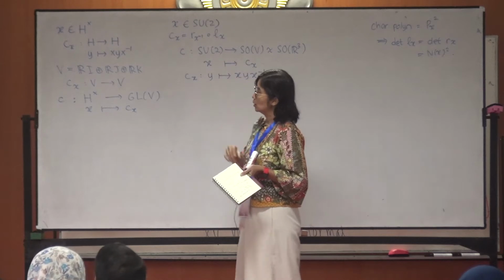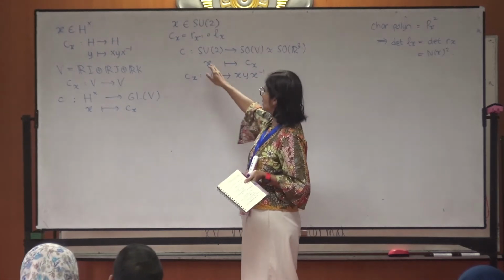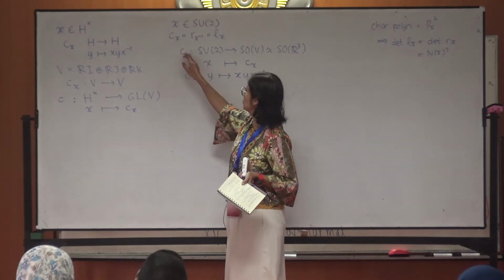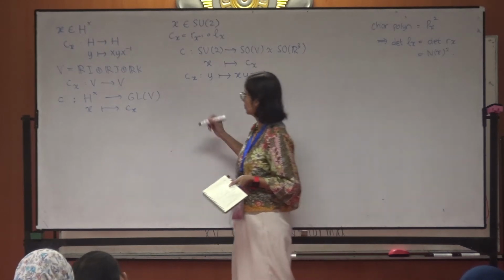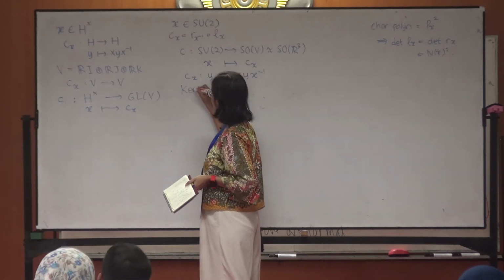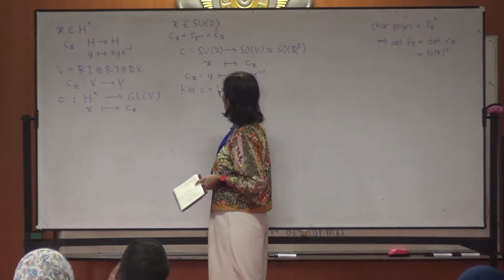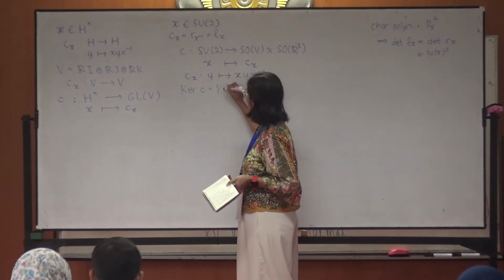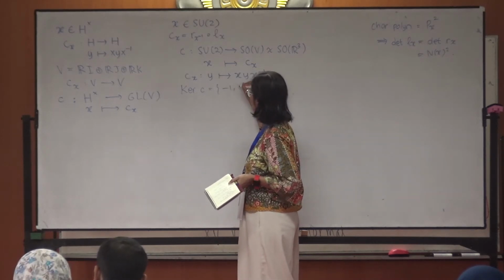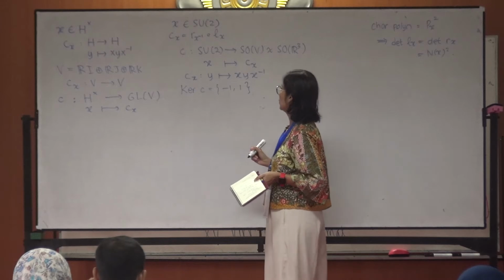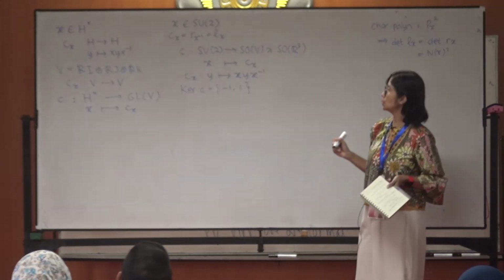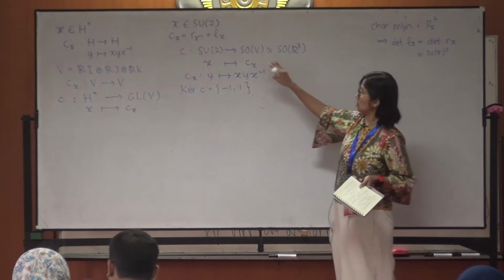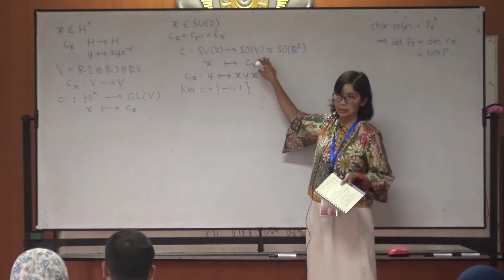So the kernel of this homomorphism from SU2 to SOV is the matrices 1 and minus 1. And now we will show that the image of C is SOV.